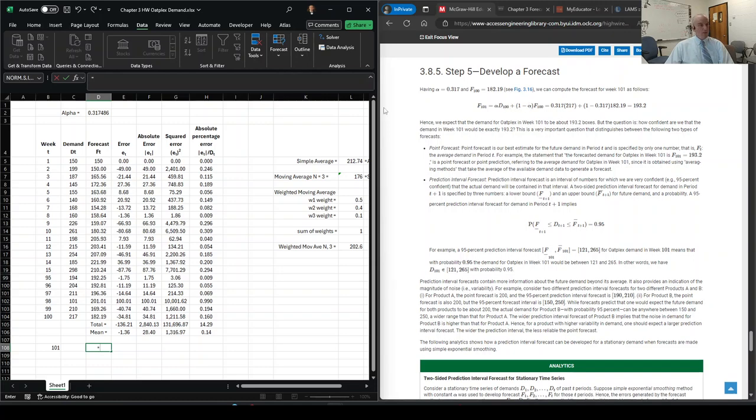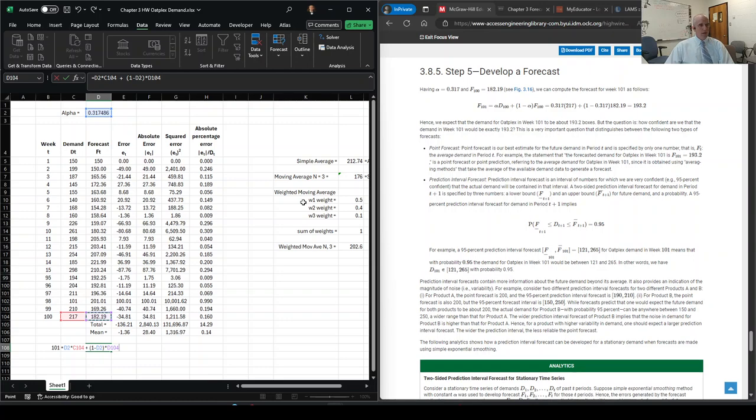We're going to take alpha, this is our 0.317, times the demand for week 100. Here's our demand for week 100. Plus, open parentheses, 1 minus our alpha, close parentheses, times the forecast for week 100.